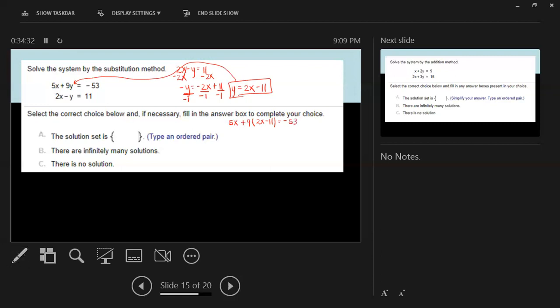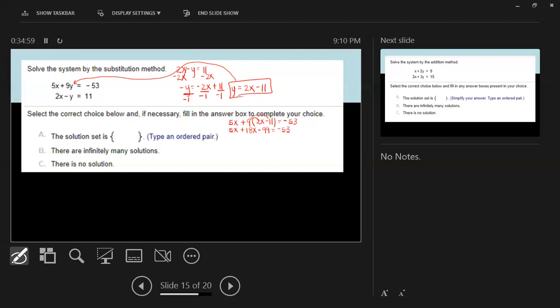All right, so now that I have the same variable x, the next thing I want to do is use the distributive property and distribute the 9 with everything inside the parentheses. So that gives me 5x plus 9 times 2x will give you 18x. 9 times -11 will give you a -99, and that is equal to -53.